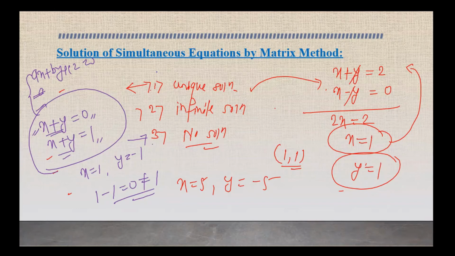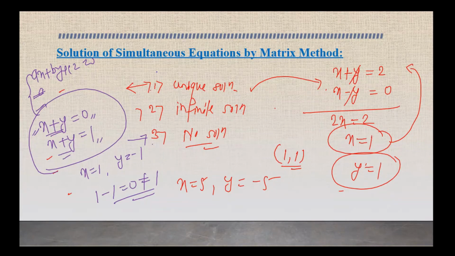Then it takes more time. It takes a day, week or month to evaluate this type of problem by using such calculation. So this is a very time-consuming process. So to reduce these efforts, we have to solve this problem by using the matrix method.